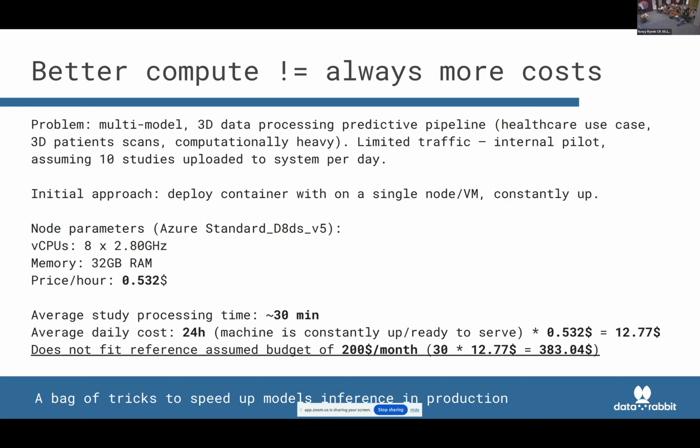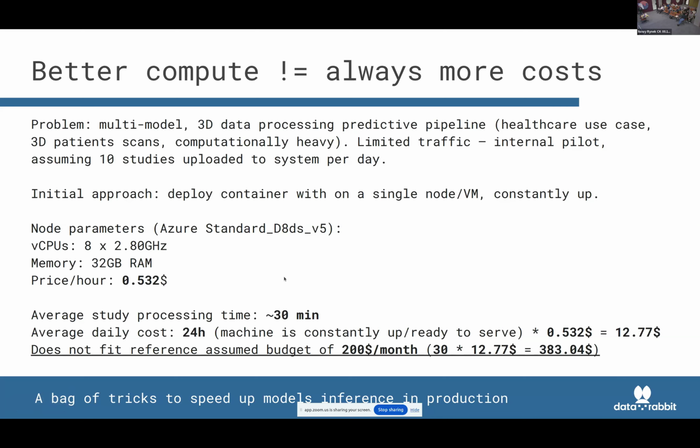The initial approach, just for a POC, just to have it deployed somewhere, was to have a container running on a single node, a single VM. It was constantly up. Here are the node parameters, so nothing really that big. The price is something like 50 cents per hour.